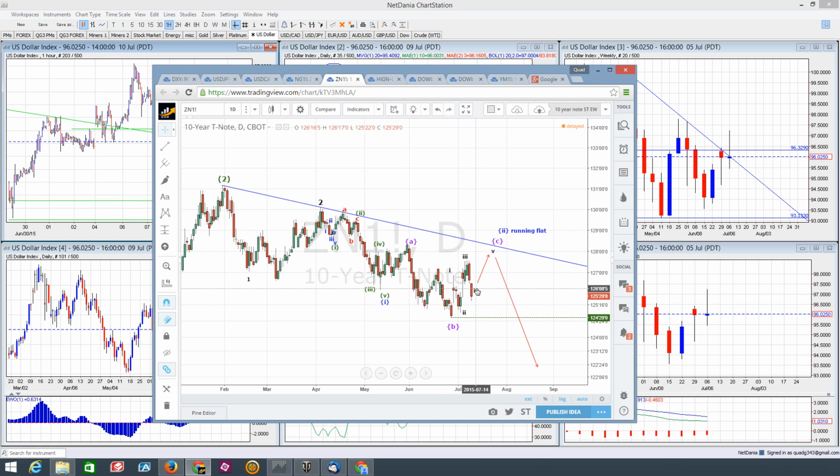Wave 4 still in process, and it needs to turn around very soon. It cannot move below wave 2 there, and that wave 2 low is at 125.05, 530 seconds. We break below wave 2, then we're not going to get our fifth wave. We may be starting our sell-off sooner than later.